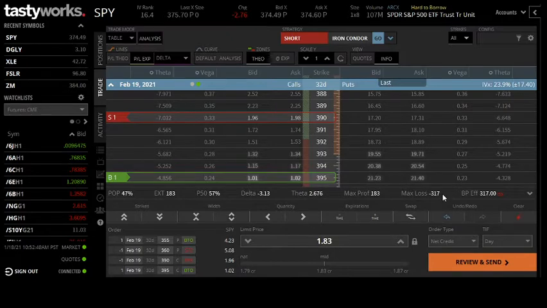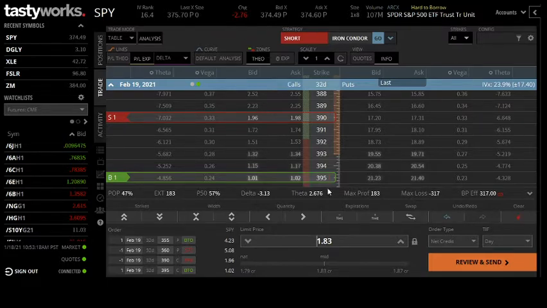Our max loss is $3.17, $5 wide for both. You have to keep the strikes the same though. You can't have a 360 and a 350 and then a 390, 395. You want to do 360, 355, 390, 395. Keep them the same.